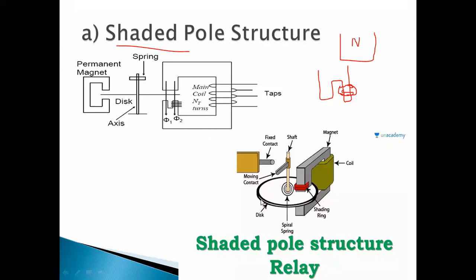So here it is shown, and this is your disc. In our electromechanical relays we have seen this disc also. So how was our disc rotating? We can set the time there, and under normal operating conditions your disc rotates, but when the fault occurs, it will automatically return to its position.